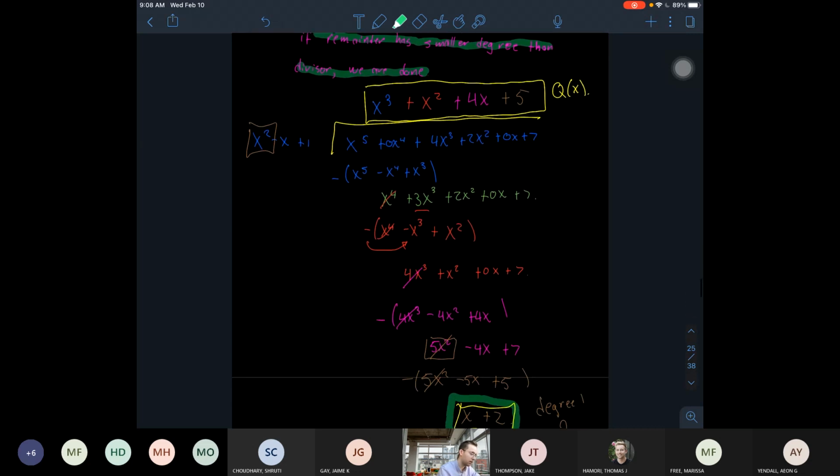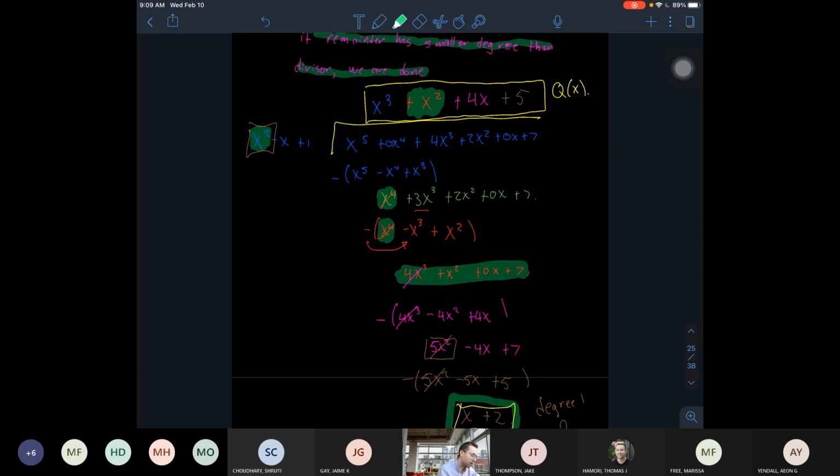So we'll choose the next term of the quotient, being this x squared here in red, such that when I multiply it times this x squared, I'm going to get this minus x to the 4th, and it's going to cancel out the x to the 4th, which we had left over. And then I'm going to be left with a polynomial of even lower degree.